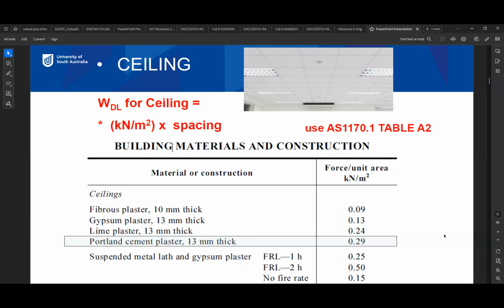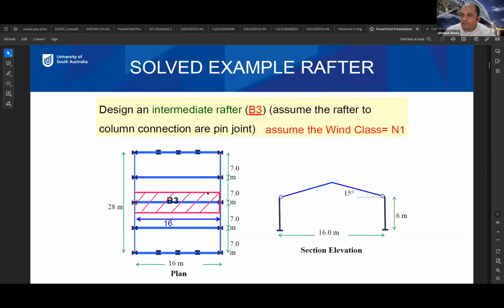What you have to do is multiply this load, which is, let's say, 0.29, times the load width here. So this is what will transfer from the ceiling to the beam. So that would be 0.29, for example, using that material, times 7. Yes, so you get the load on the beam.